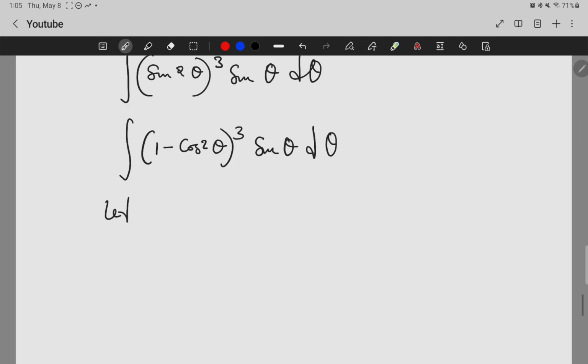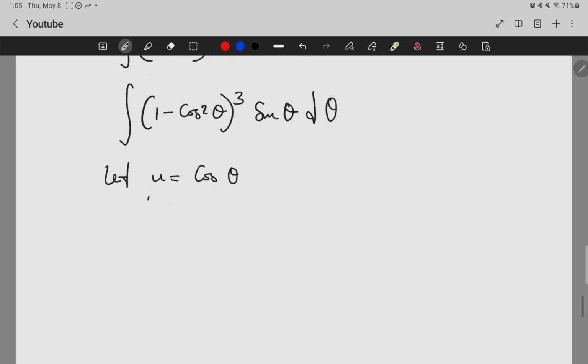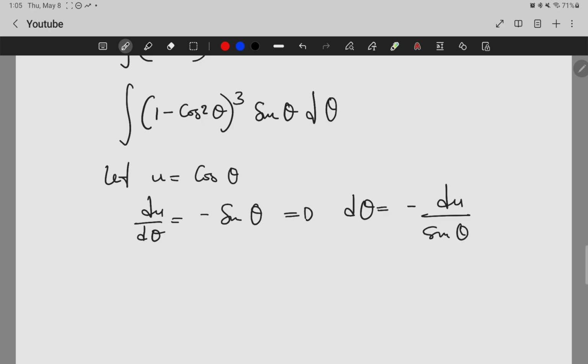Then here we'll let u be equal to cos theta, so that du d theta will be negative sine theta. This of course will imply that d theta will be equal to negative du over sine theta.